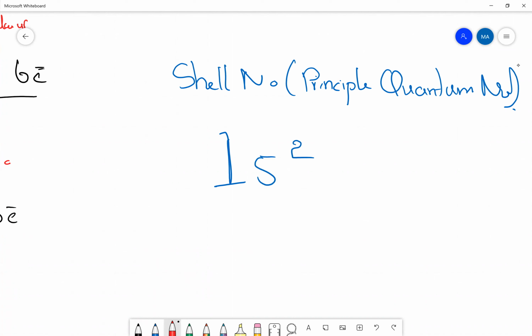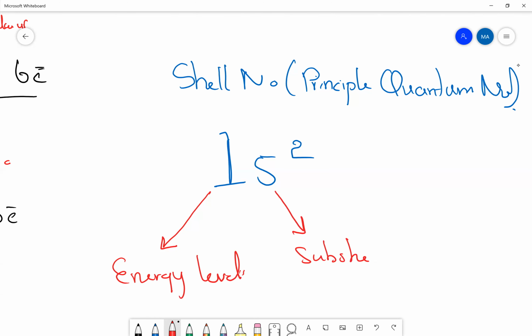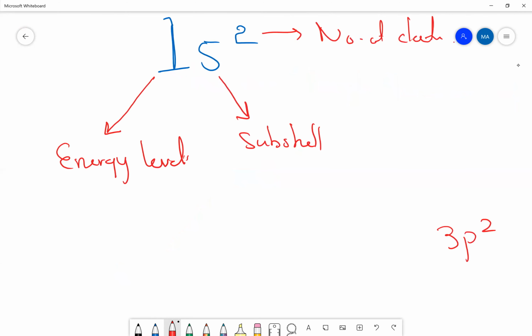In 1s2, the first number, the coefficient 1, tells you the energy level or the shell level. S is the subshell, and 2 is the number of electrons. For example, if I write 3p2, 3 is the energy level, p is the subshell, and 2 is the number of electrons. I hope this is clear.